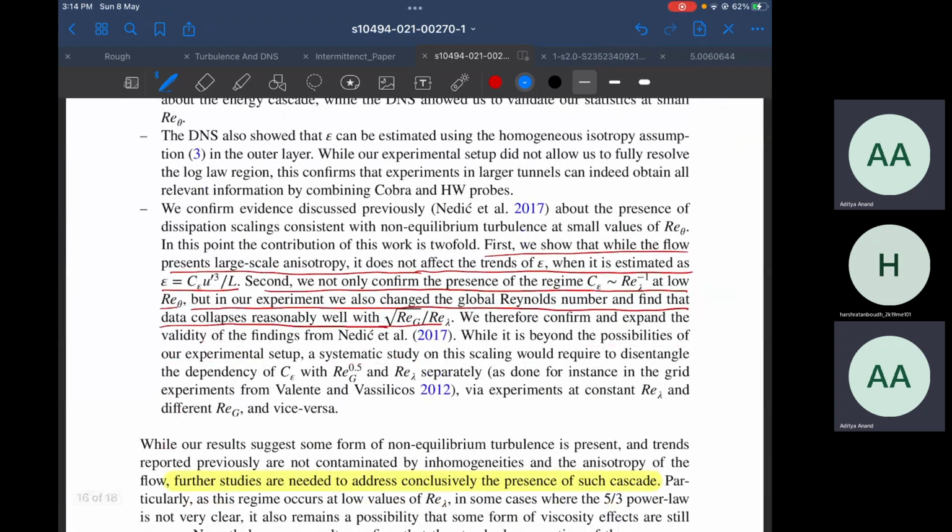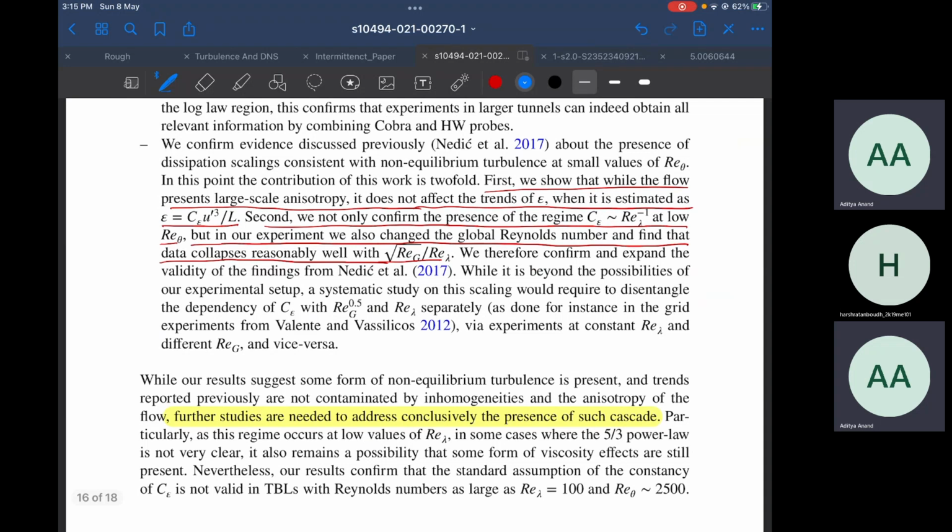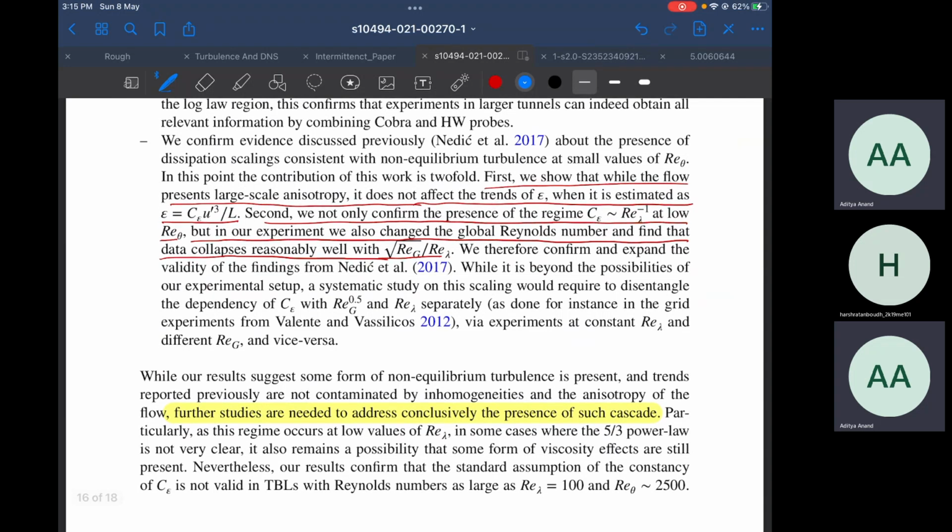So for low Re lambda, they saw that this functional dependence on Reynolds number was there. They have suggested a scaling for the constant here at low values of Re lambda. Okay, they've also pointed out that the assumptions of isotropy are not satisfied in a strict manner.